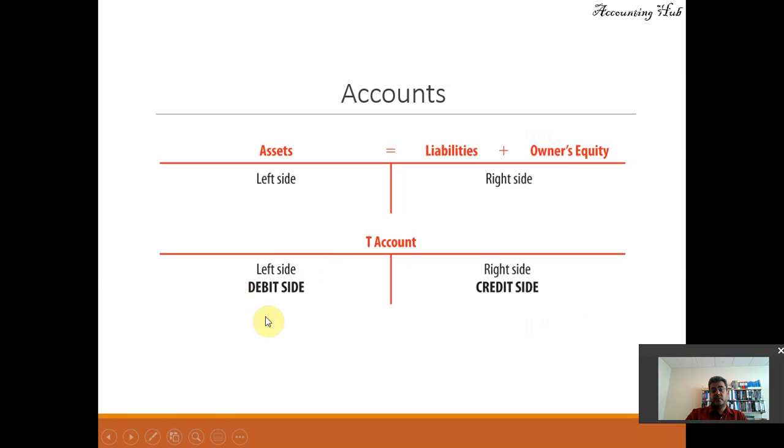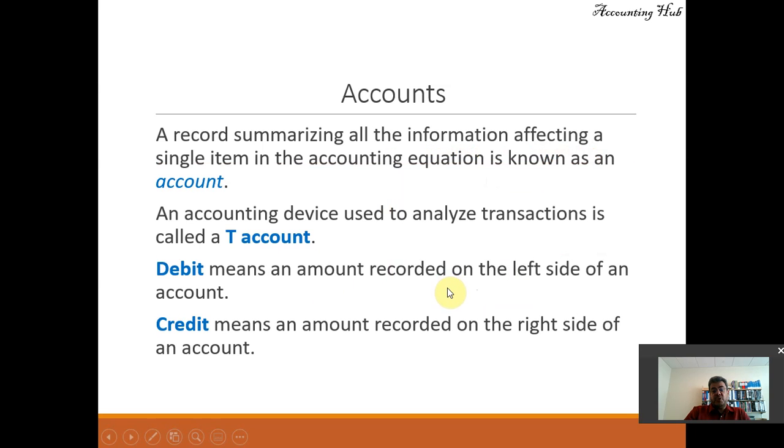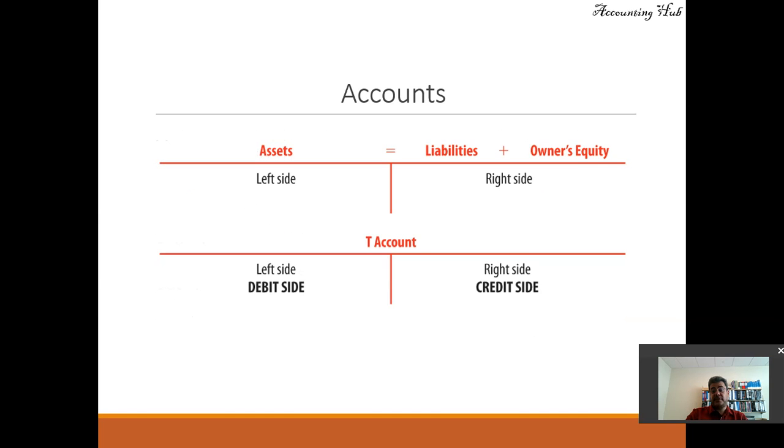So, debit here, credit here. Left side debit, right side credit. We could also name it apples and oranges, or Vikings and Packers, or any name you want. But we have called it debits and credits for at least 500 years.